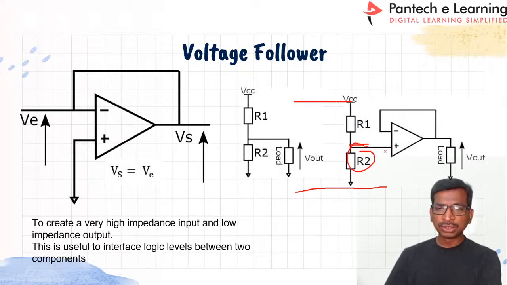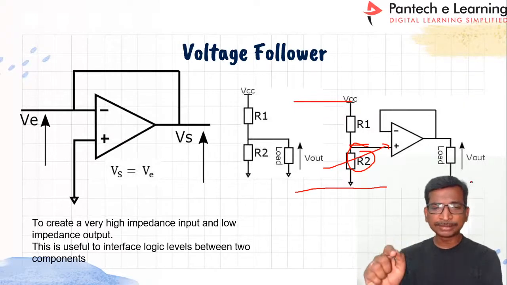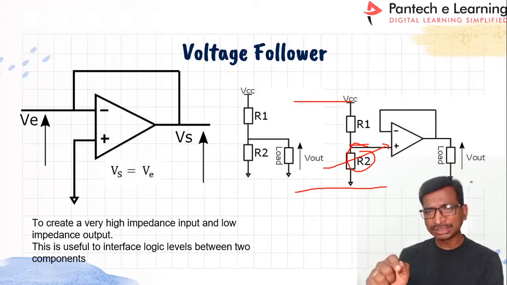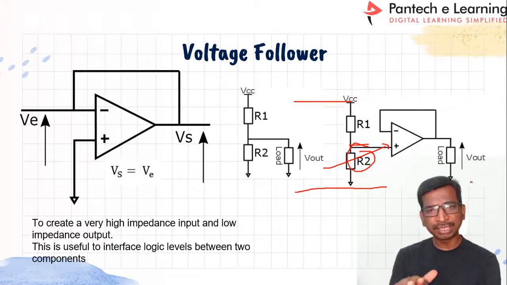This voltage you have to measure with the help of a voltage follower. Whatever voltage you feed to this op amp, the same voltage you will get. So the advantage is the gain will be infinity.